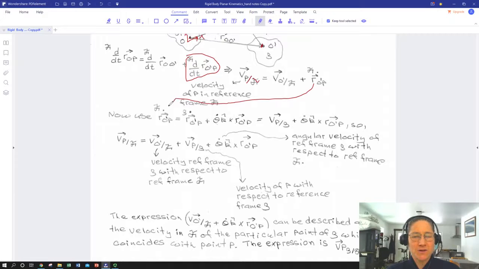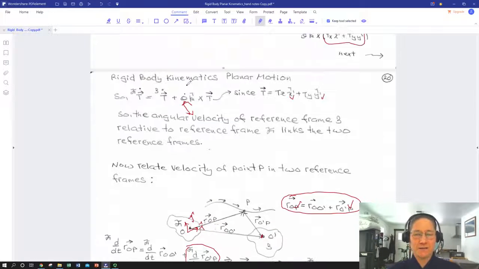So let's zero in on this term and see if we can't use the rules that we already know, especially the ones we just derived up here.